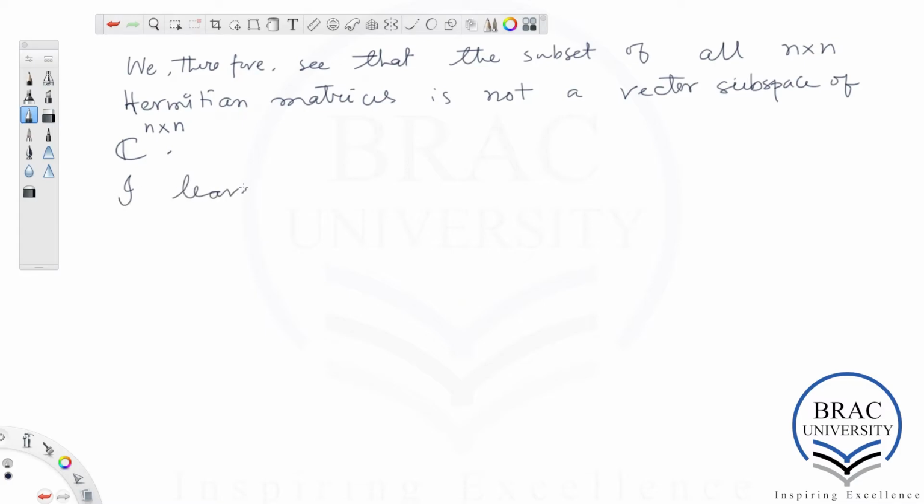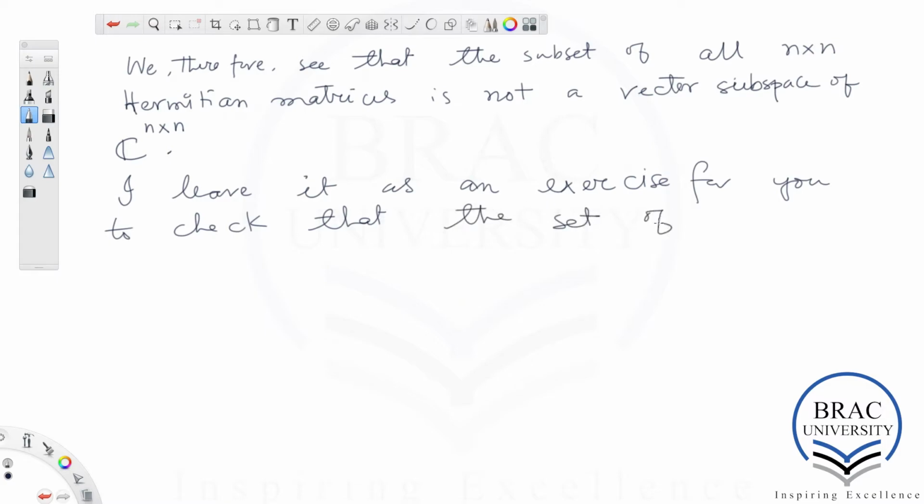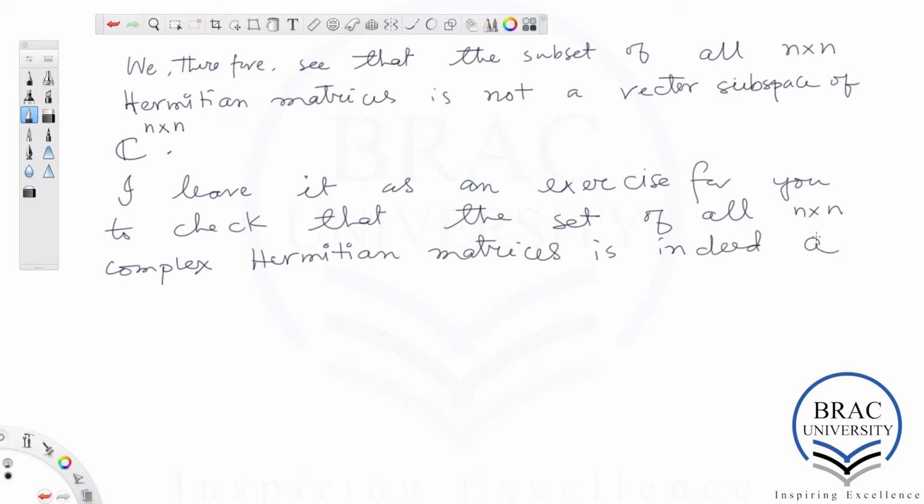I leave it as an exercise for you to check that the set of all n times n complex Hermitian matrices is indeed a vector space over the field of real numbers.